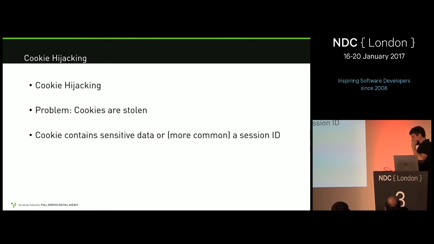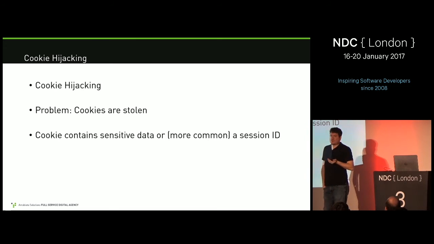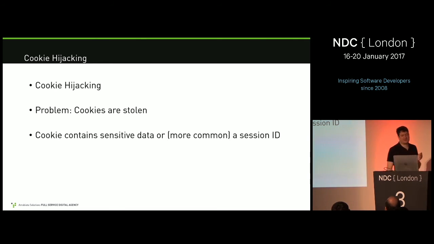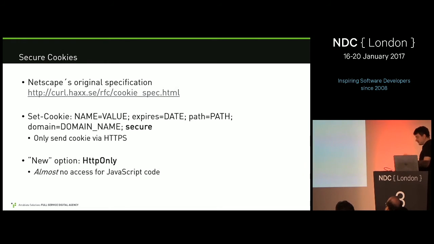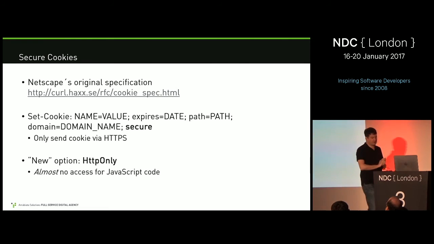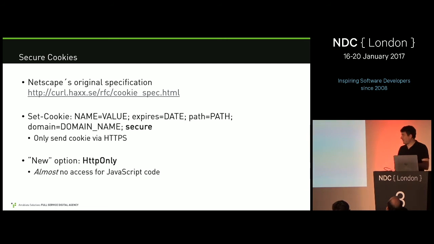The problem with the stolen cookie, of course, is that quite often such a cookie contains sensitive data, usually a session ID, and that session ID is used for authentication. Now we have to protect those cookies, and actually there are interesting ways. Cookies were invented by Netscape. HTTP, the protocol, is stateless, so it doesn't remember anything, but Netscape thought, well, it should remember something.